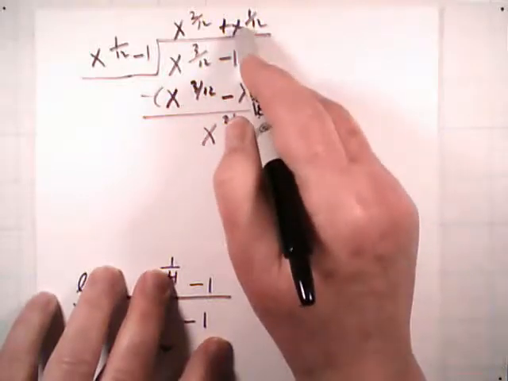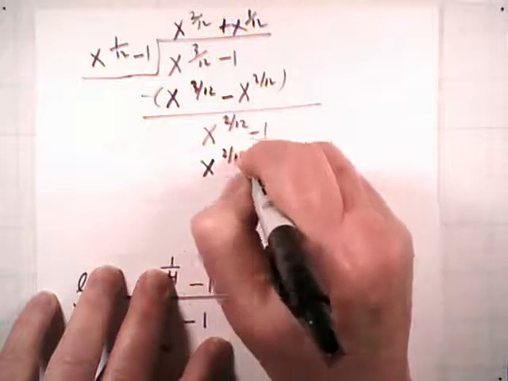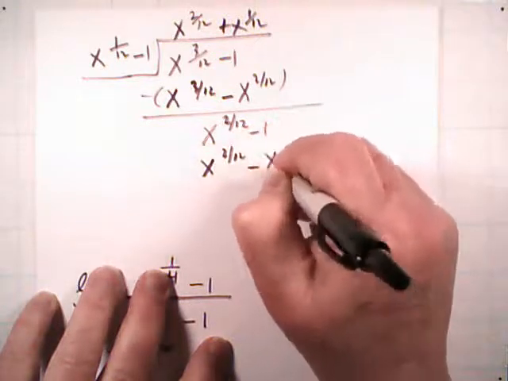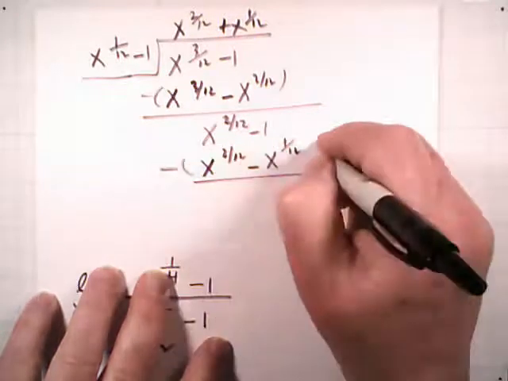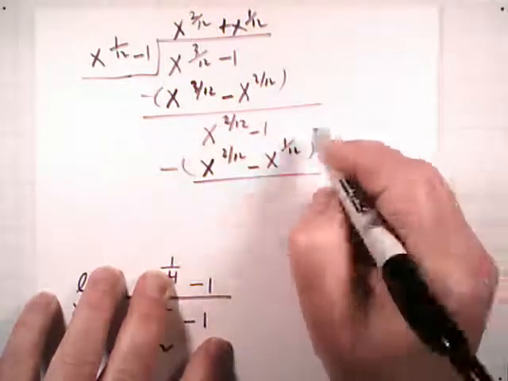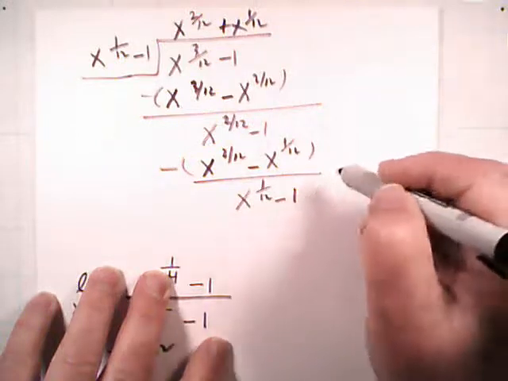And so, again multiplying, we get x to the 2/12 minus x to the 1/12. Subtracting, that drops out, we get x to the 1/12 minus 1.